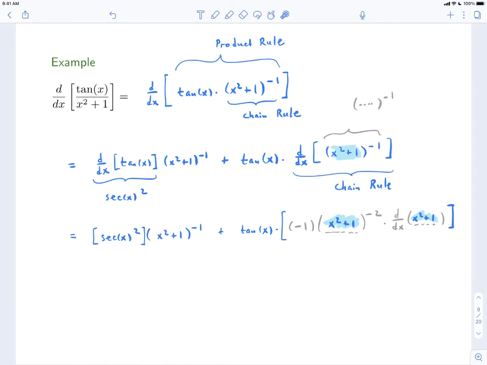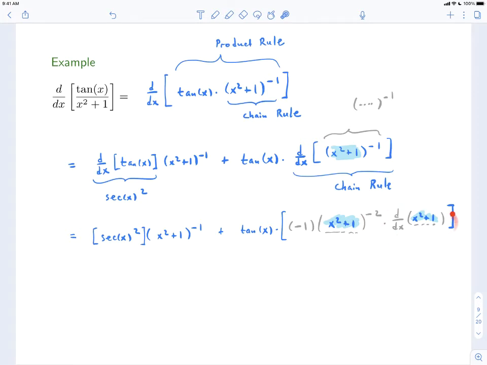But in the middle of this product rule, we have the derivative of something to the negative 1. So you differentiate something to the negative 1 using the chain rule, and the minus 1 comes down, and then you decrease the exponent by 1 to get a negative 2, but then you have to multiply by the derivative of whatever's inside. And the derivative of whatever's inside is the derivative of x squared plus 1, because x squared plus 1 is the thing inside.